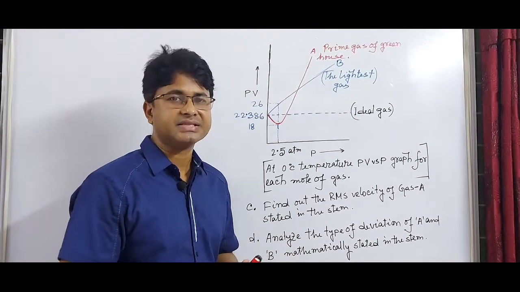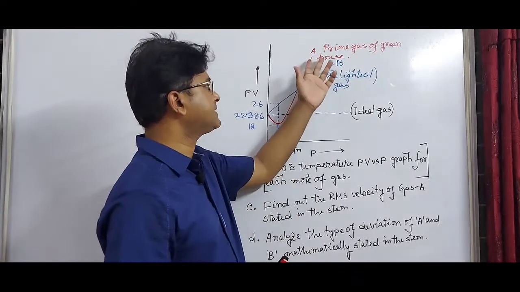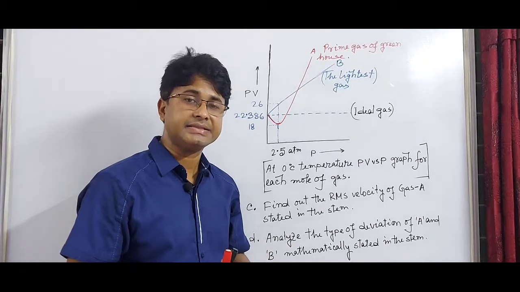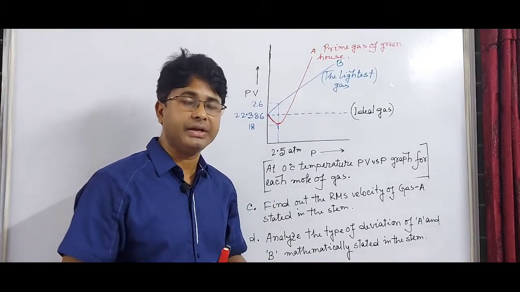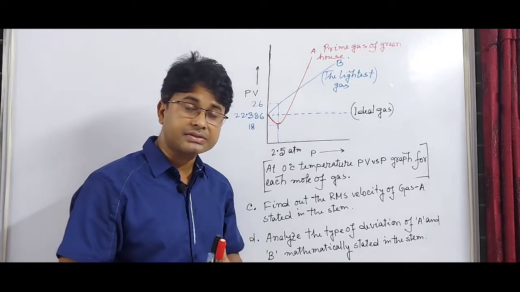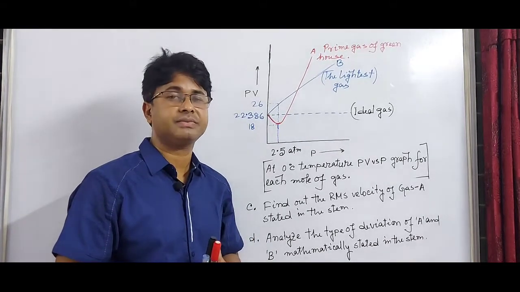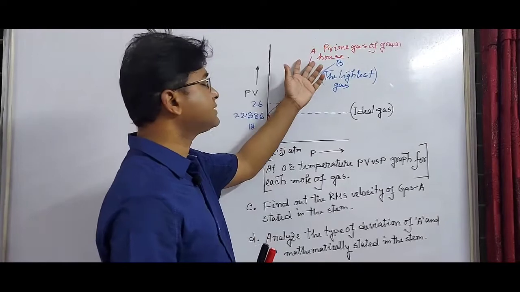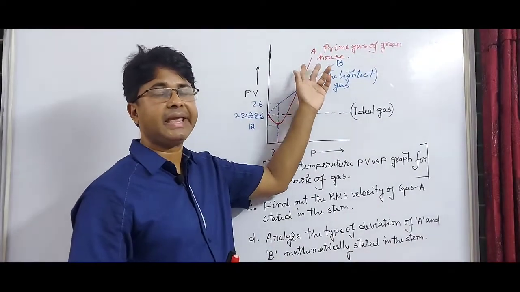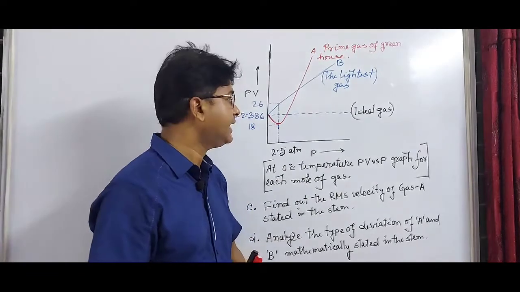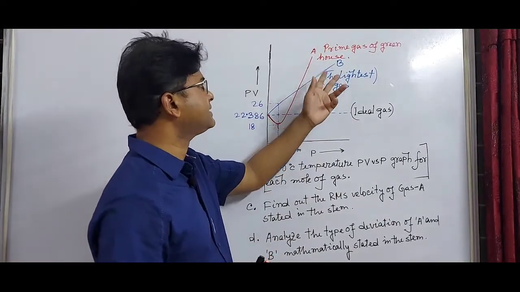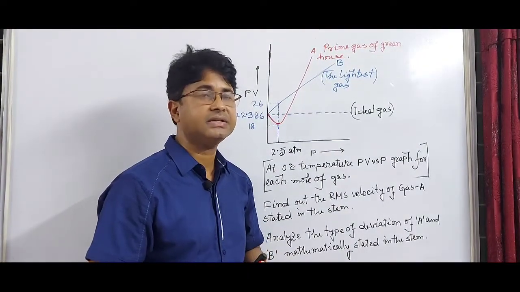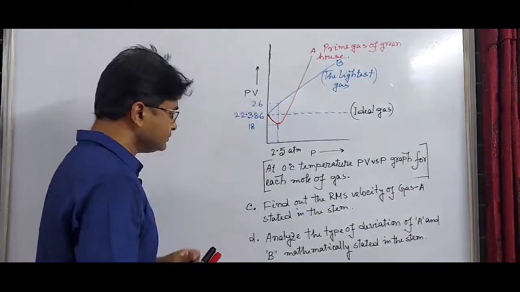A gas is the prime gas of the greenhouse effect, and you know that carbon dioxide is mainly responsible for the greenhouse effect. So you can realize that A gas indicates carbon dioxide, and B gas is the lightest gas. You know that hydrogen is the lightest gas, so B indicates hydrogen gas.